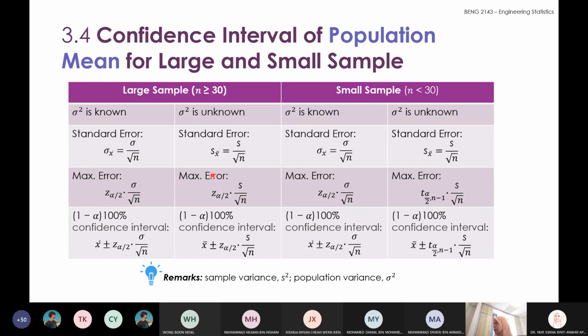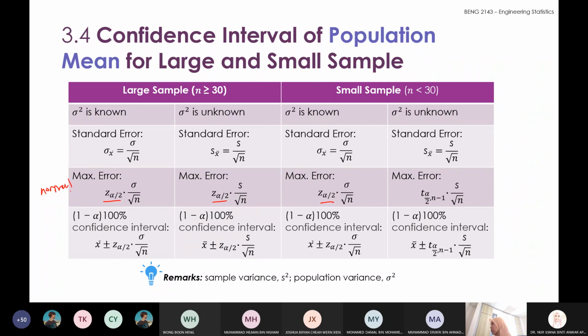We will refer back to the table later. But you can see for the large sample, clearly we directly use the normal distribution table because of the Z. When you use Z here, it means you are using the normal distribution.